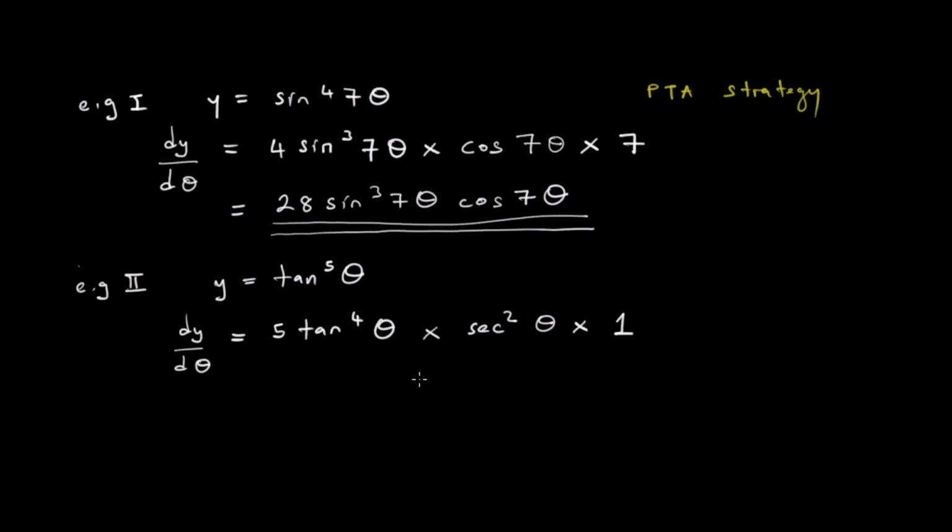So our final answer is going to be 1 times 5, that's 5 tan to the power 4 theta sec squared theta. So it's enjoyable and it's wonderful. Let us now go to our third and last example, Example 3. We are still going to be using the PTA strategy.